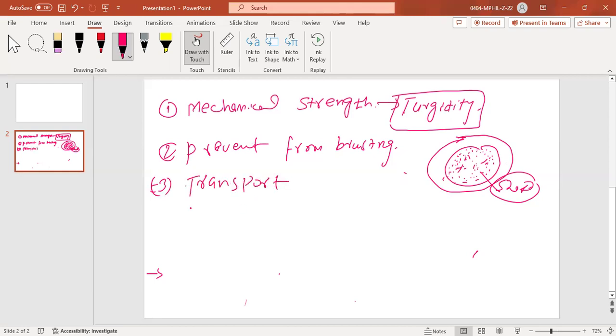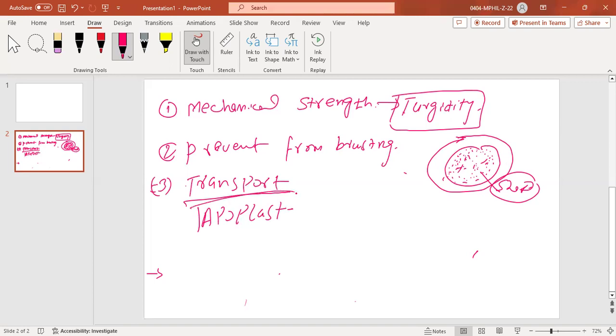Another important factor is that it helps in transport. How? They provide a route. We will discuss this in the chapter on transport, but here we just need to know there is a pathway called apoplast. Yes sir, apoplast.